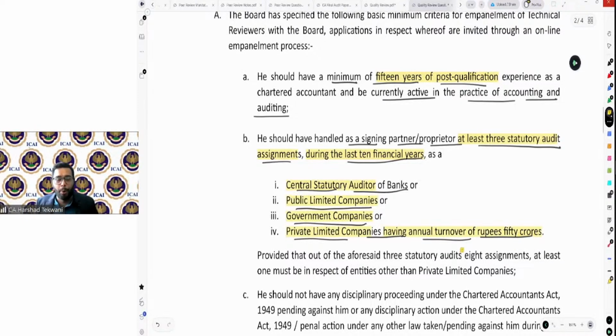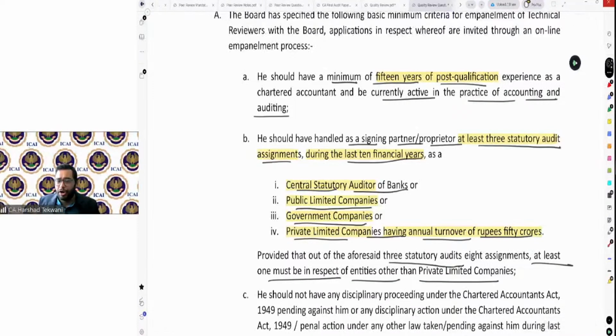Also, provided that out of these 3 statutory audits, at least one must be in respect of entities other than private limited.